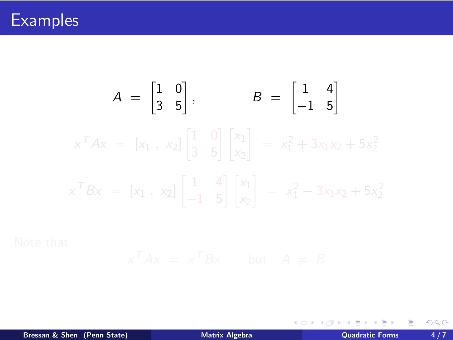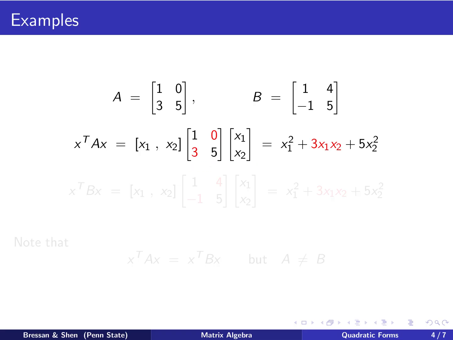Let's take some examples. So we have two matrices, one is A and the other is B. They are chosen like this. Now let's first compute the quadratic form with A. So x transpose times A times x. If we write out, it's the product of these three: a vector, a matrix, and a vector.